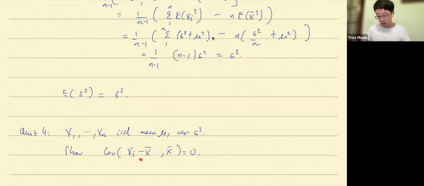Well, normalized is probably not the right word, it's the centered data, because normalized will involve dividing by the standard deviation. The centered data and the sample average itself are uncorrelated, which is quite useful.